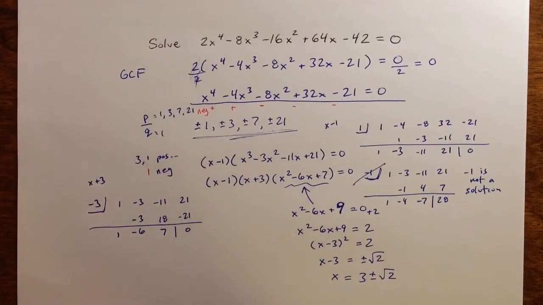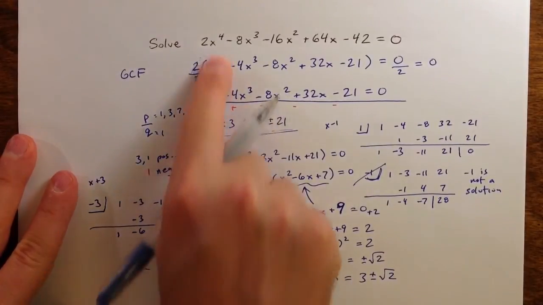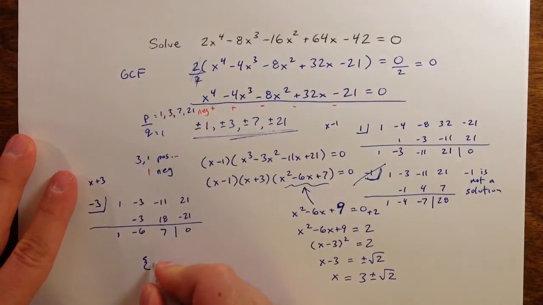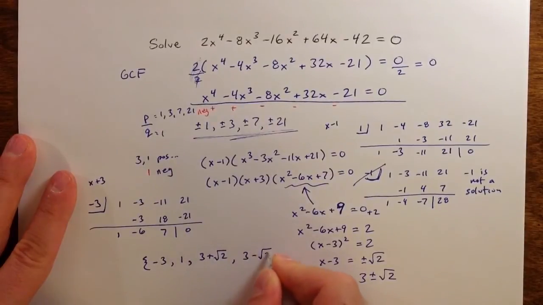So we end up with a solution set that includes 4 values, which makes sense because we have a degree 4 polynomial. One solution is -3, another solution is positive 1, and then we have 3 plus the square root of 2, and 3 minus the square root of 2.